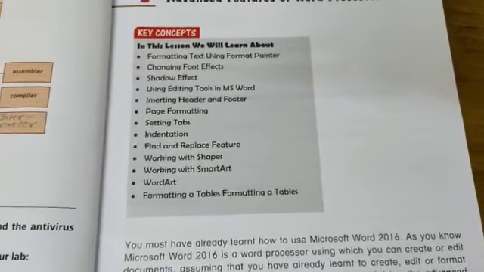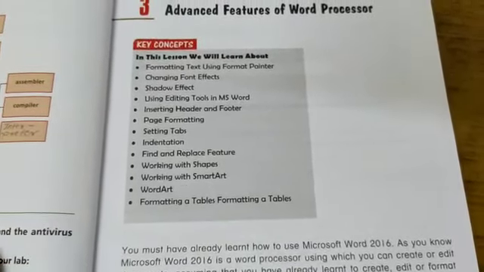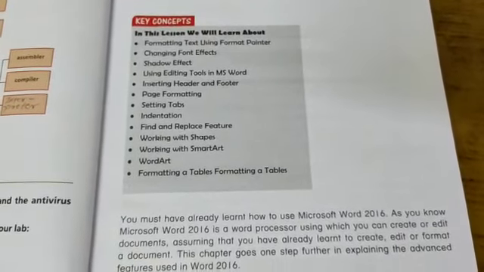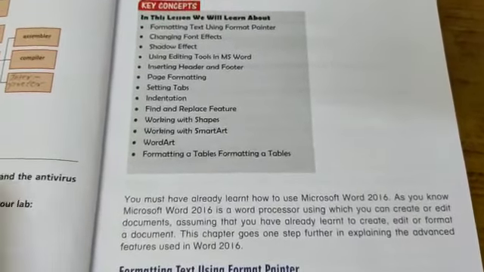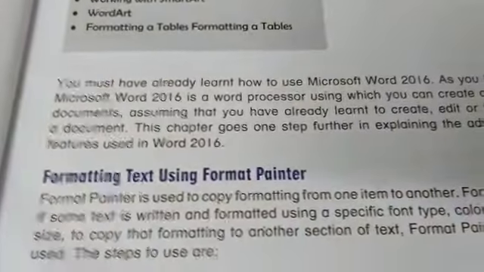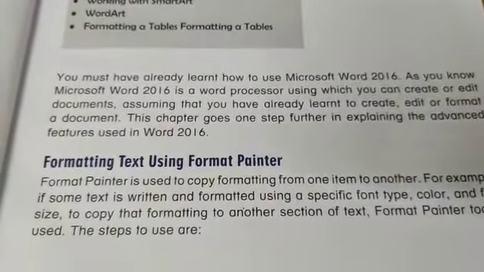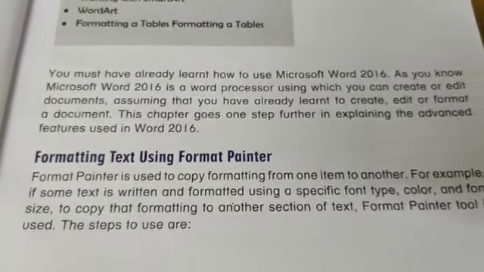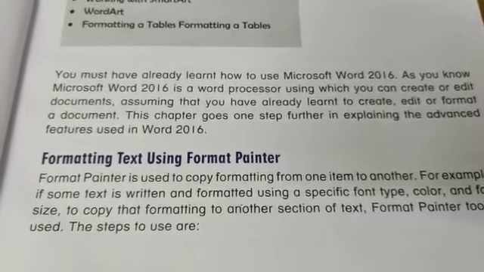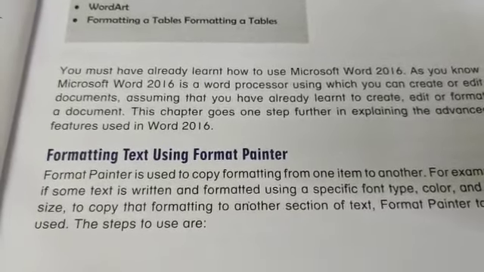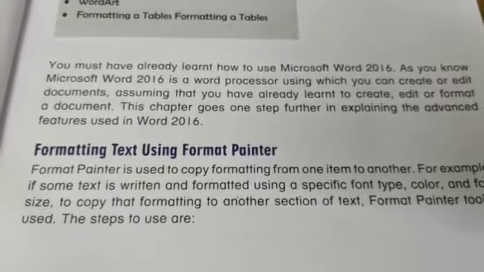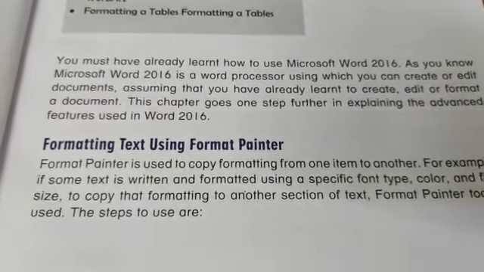And you all know about word processor. You have already studied it in the last class. You must have already learned how to use Microsoft Word 2016. As you know, Microsoft Word 2016 is a word processor using which you can create and edit documents.